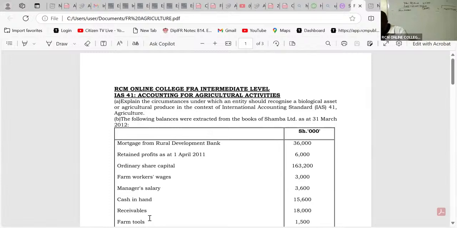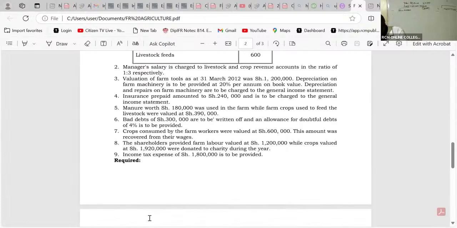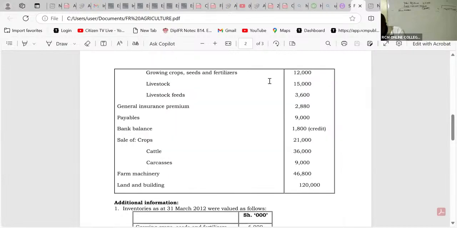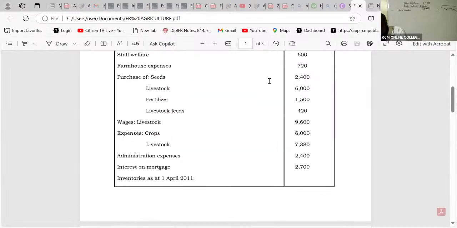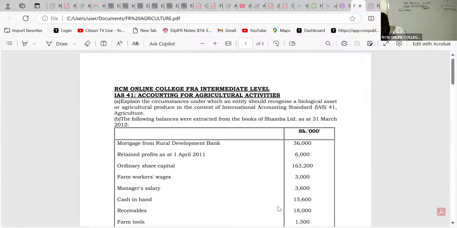So in this case, ladies and gentlemen, go to note number 3. What have they told us here? Valuation of farm tools as at 31st, 2012 was 1,200. And then, of course, you can see in the trial balance the farm tools are worth 1,500. And we have done fair valuation of 1,200.